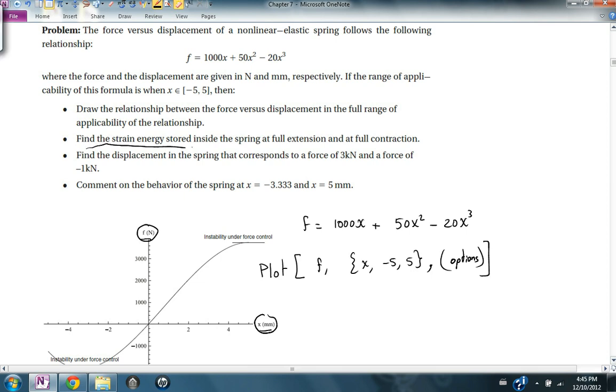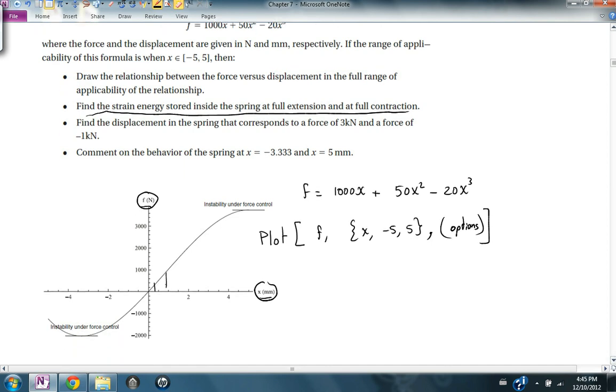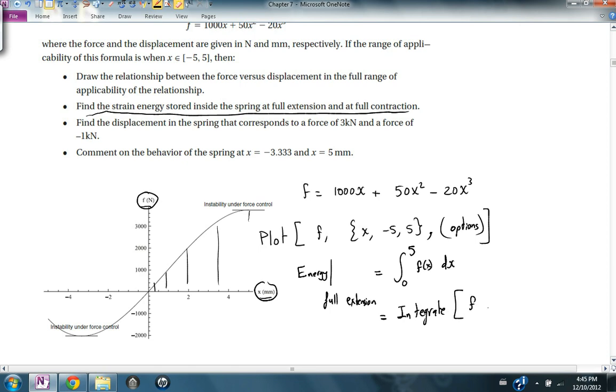Find the strain energy stored inside the spring at full extension and at full contraction. The energy is equal to this whole area underneath the graph. So the energy at full extension is equal to the integral of f of x dx from 0 to 5, which, if you want to do it using Mathematica, Integrate f, x from 0 to 5.